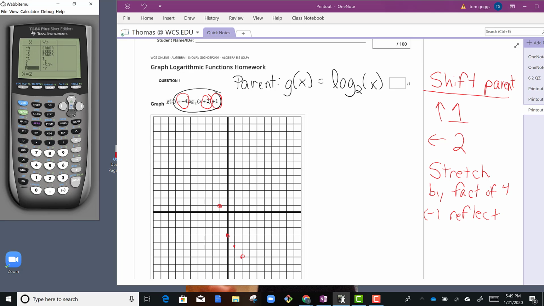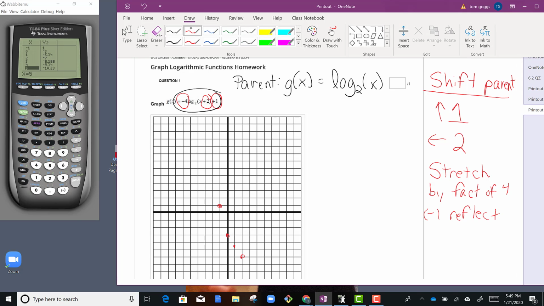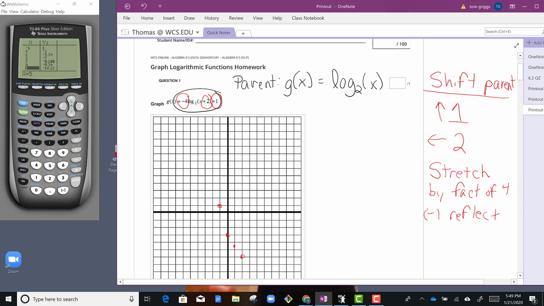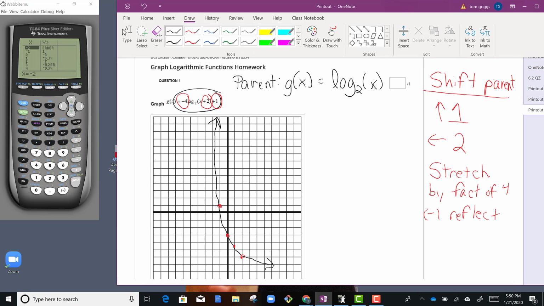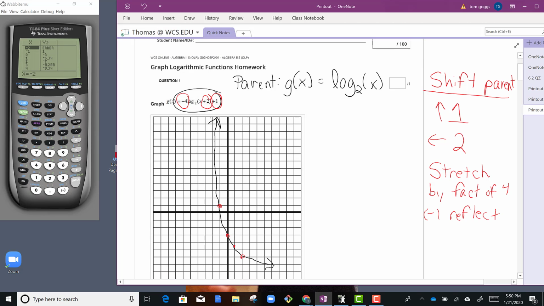And obviously we could keep going down and getting more and more points there, but I think we fit as many as we can. And you'll notice this graph is approaching x equals -2, but never actually reaches it. That's why there's an error message starting at x equals -2, because that's where our asymptote lies.